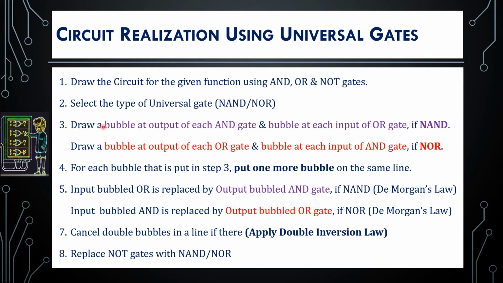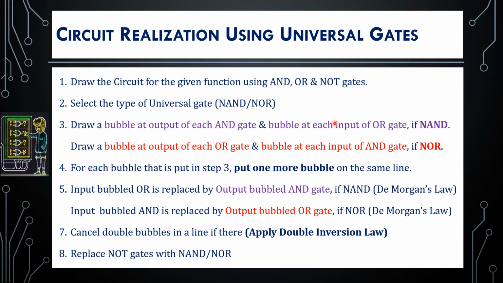So we are putting a bubble at the output of each AND gate and a bubble at the input of each OR gate. Input bubbled OR gate is equivalent to output bubbled AND gate. Output bubbled AND means NAND gate.